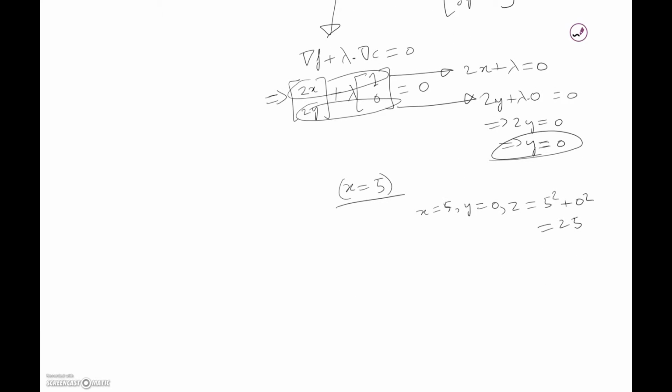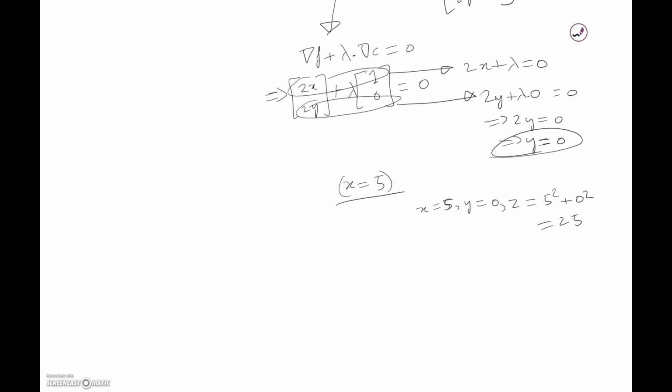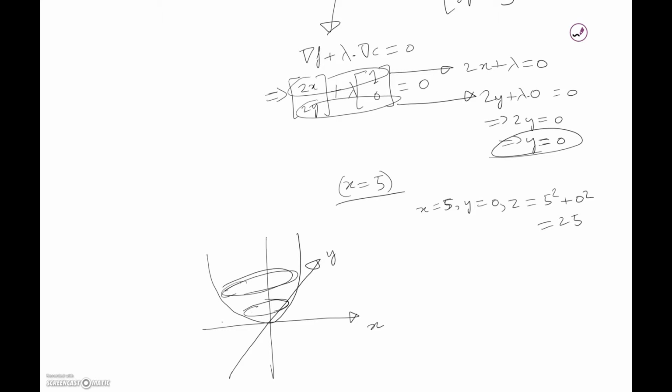Now let's look at the intuition behind this. Going to the drawing board yet again, we have x, y and our little paraboloid. The only thing we ever wanted was to decrease this objective function f as much as we could, but then this constraint came in the way, x equal to 5, and it prevented us from realizing our dream.